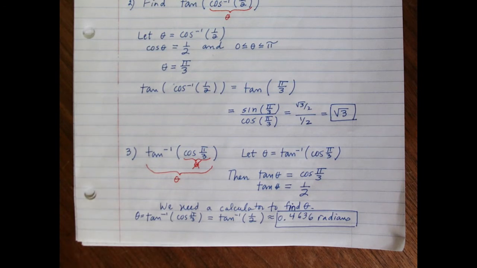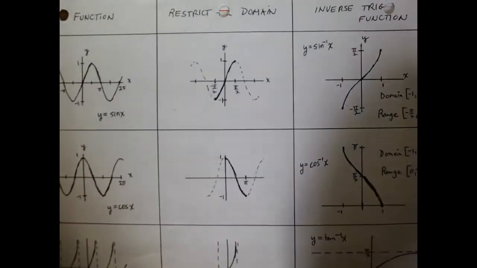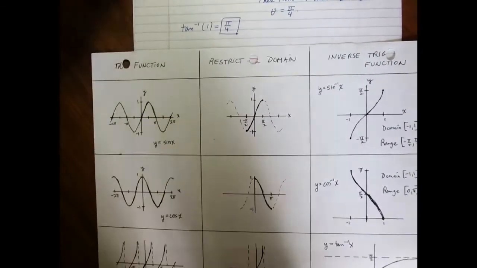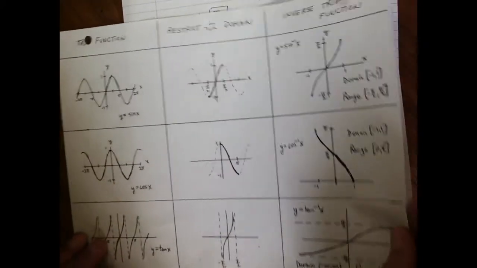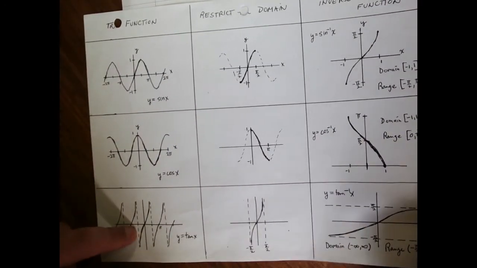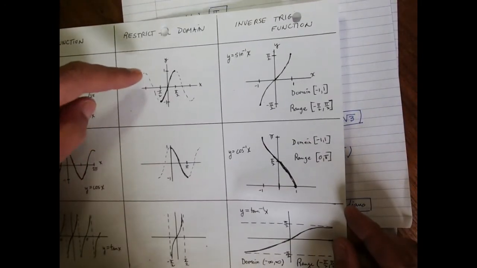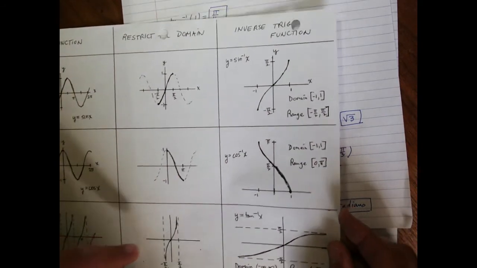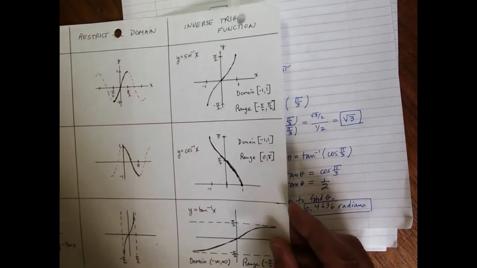Okay, there's just one more thing I want to mention here, which is that posted in Canvas is a chart that I hope you'll refer to. You might even want to print it out. It's a sheet that has sine, cosine, tangent, the restricted domain of sine, cosine, tangent, and then the corresponding inverse function.